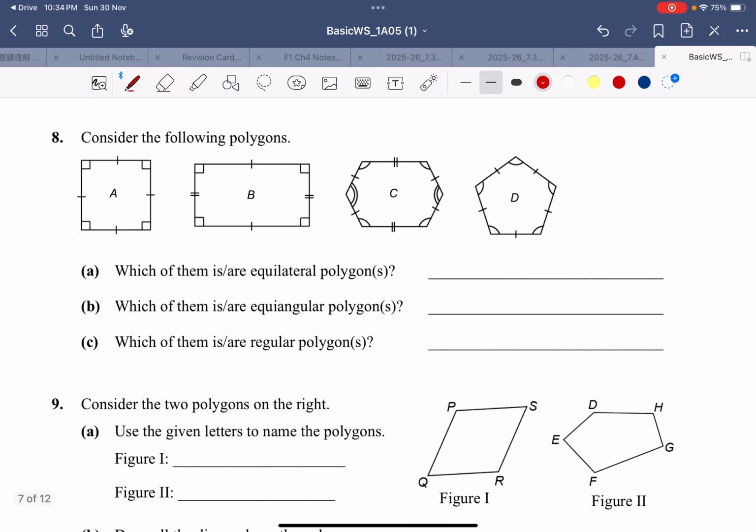And then which of them are equilateral polygons? Equilateral, equiangular, regular. You know the difference of all the three types of polygon. Equilateral means all sides equal. This one okay, not okay, not okay, okay. So AD, right?